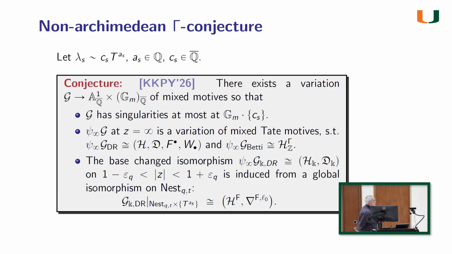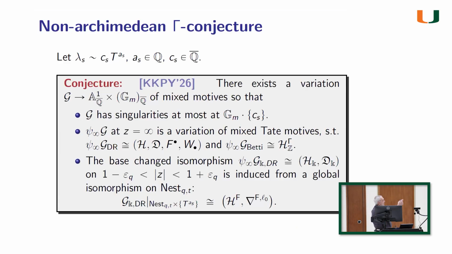And if you base change everything to the non-Archimedean field, then you want to say that this isomorphism between the nearby cycles and the variation of Tate mixed Hodge structures is induced from a global isomorphism on all of the annuli, on the whole system of annuli.